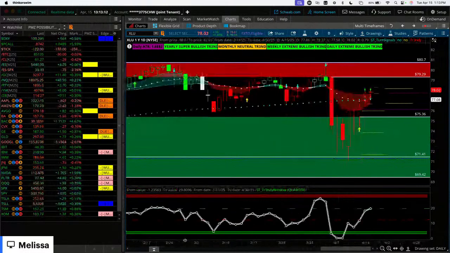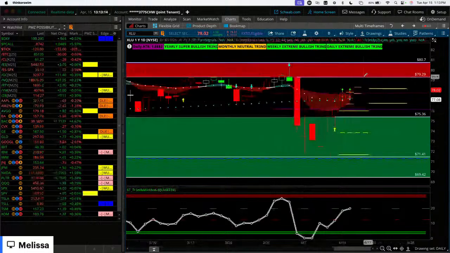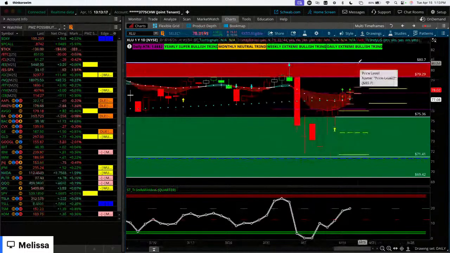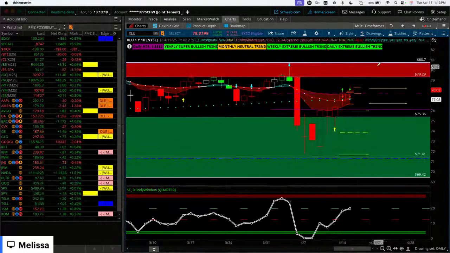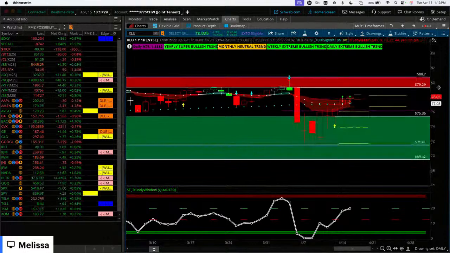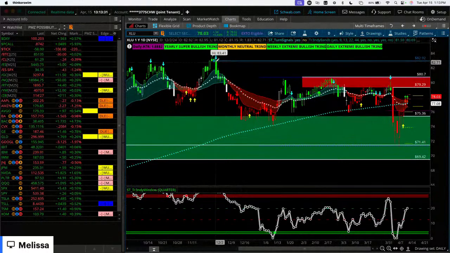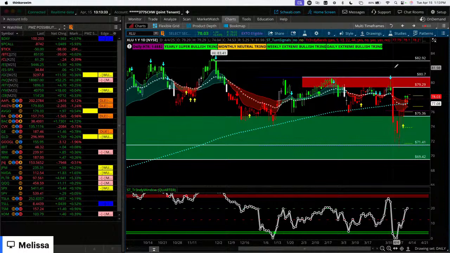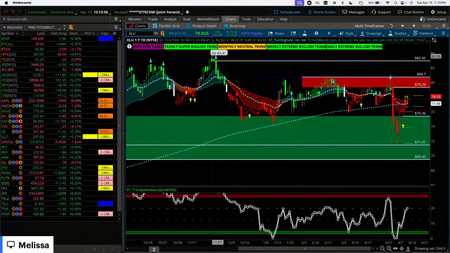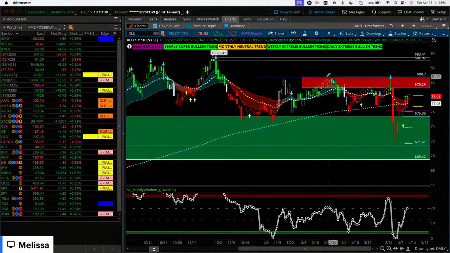And so in the event that we break out of here and get over $80.70 on XLU, then I would look at where is that next area of supply, and that's going to be at or around 82.92 by 83.41.